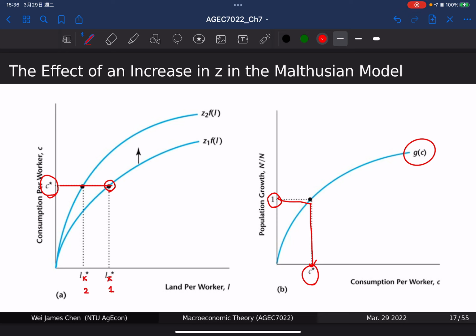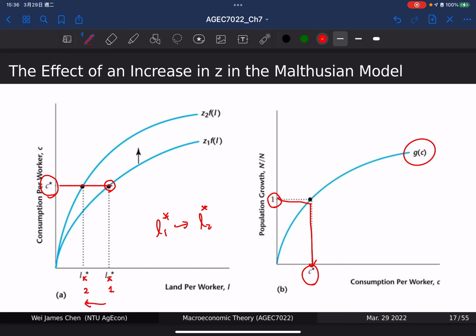Okay. So obviously you can see when the technology goes up, what happens? The equilibrium lowercase l, the land per worker, goes from L1 star to L2 star.